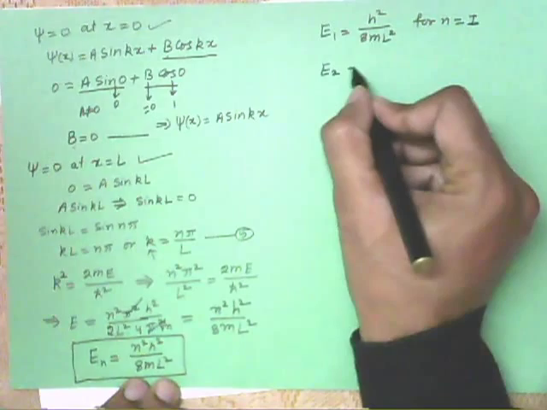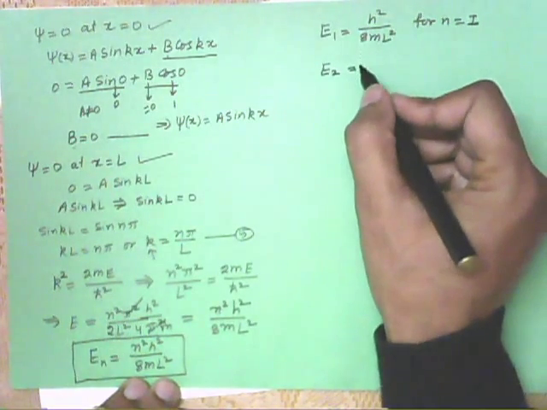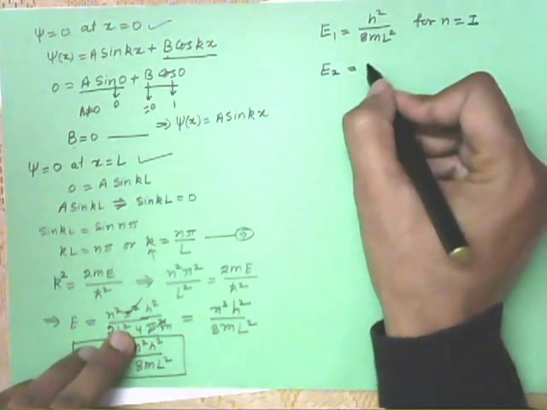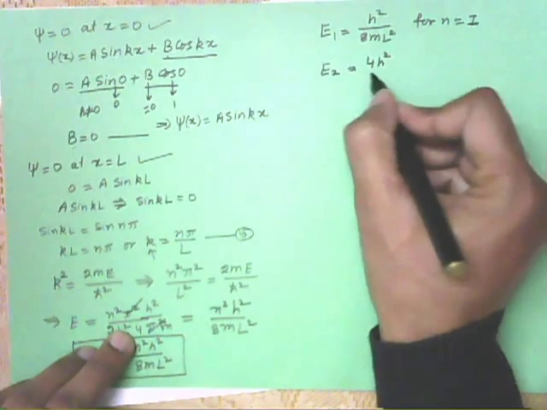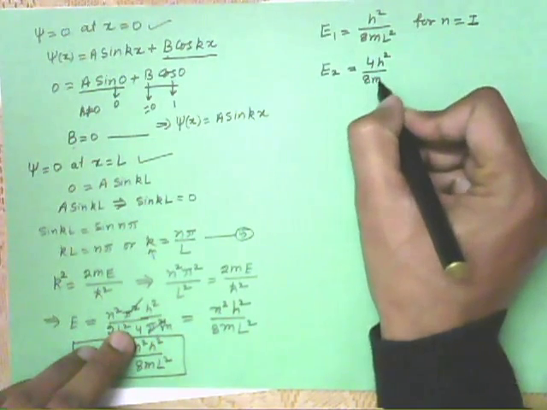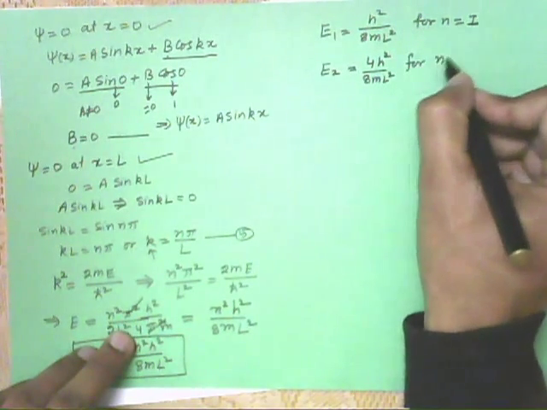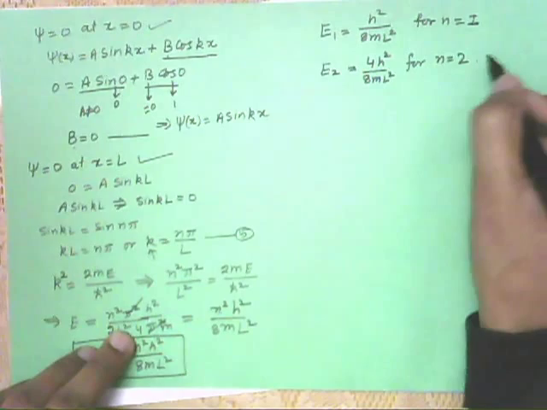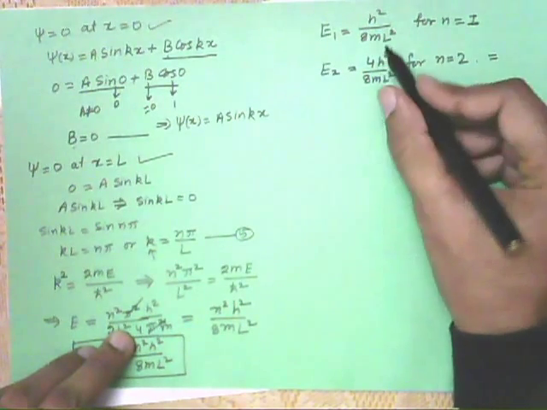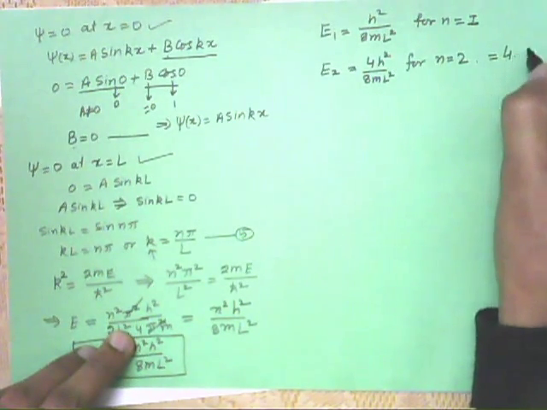E2 is equal to n square, n is here 2, so 4 h square upon 8mL square, for n is equal to 2, and this is 4 times E1.